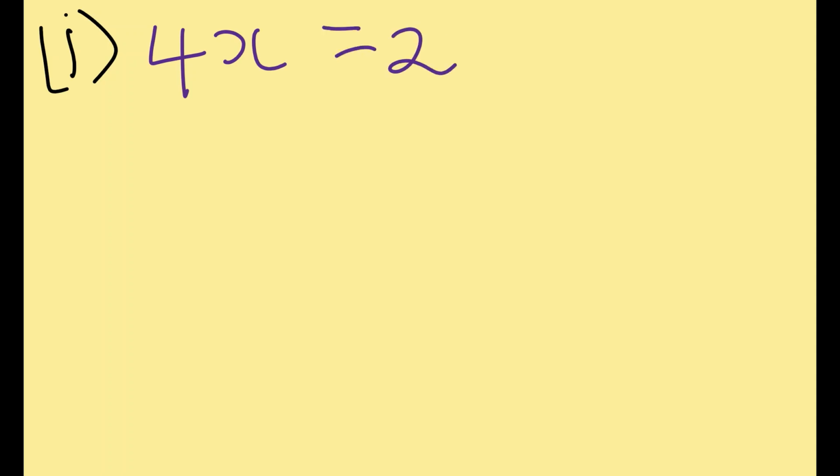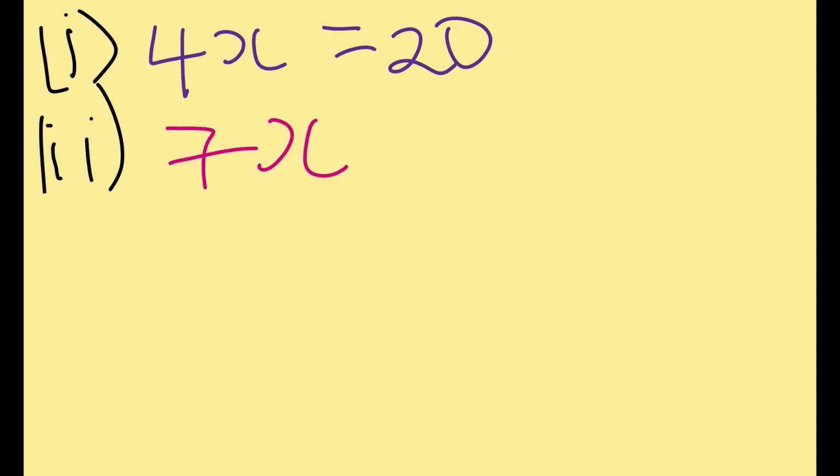Now I'll give you some problems in which you have to identify the constants and the variables. Think in your mind as I write. The first one: 4x is equal to 20. The second: 7x is equal to 45 plus 4 plus x.